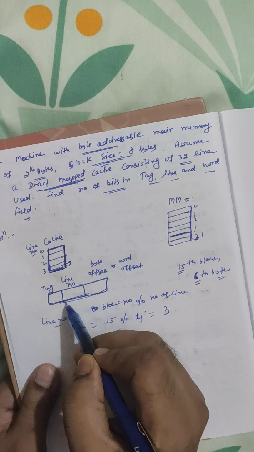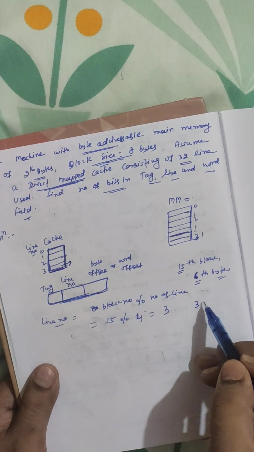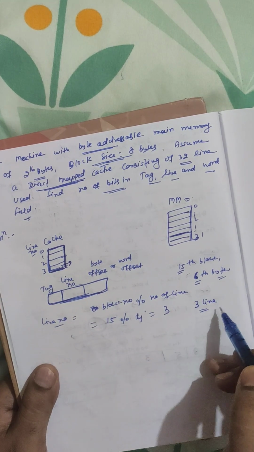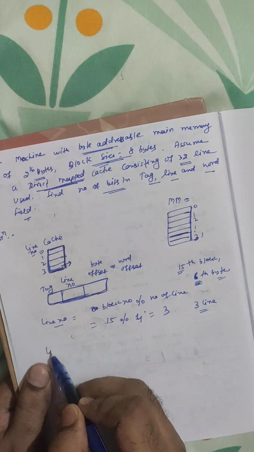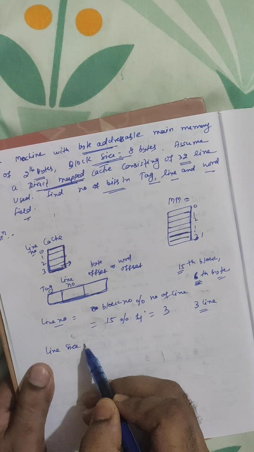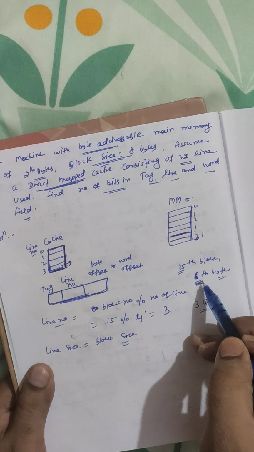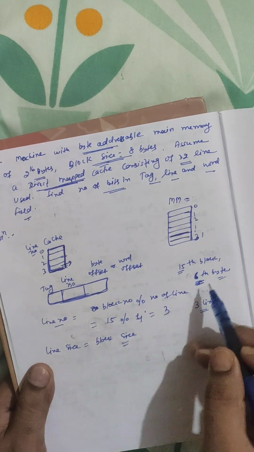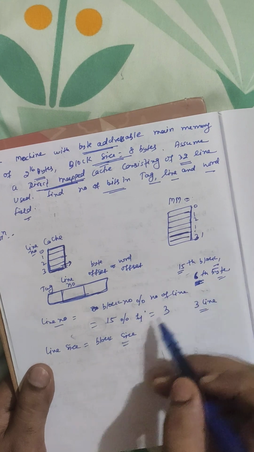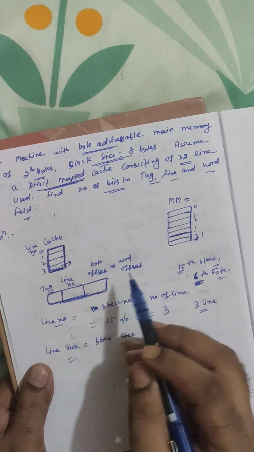The line size is always equal to the block size, so the block offset will be the line offset. The 6th byte in the block means the 6th byte in the line.